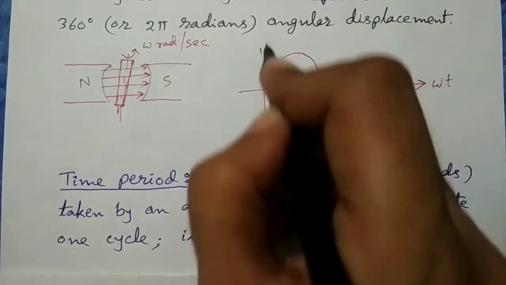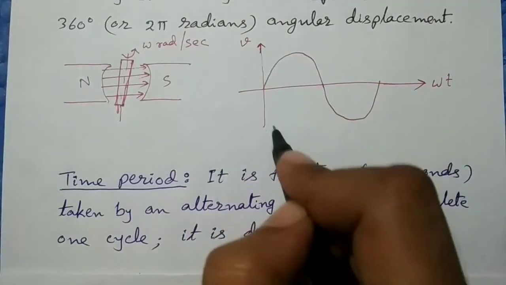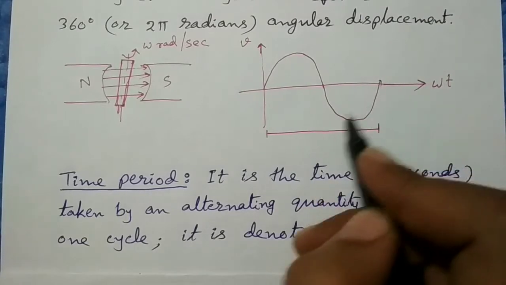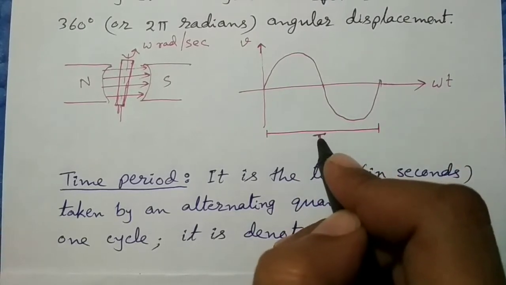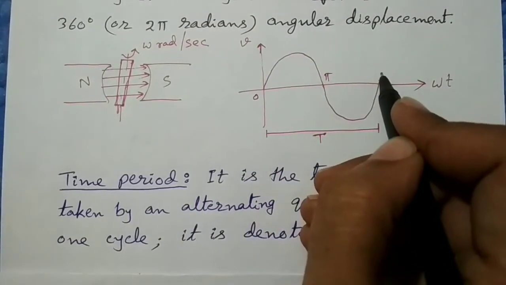Now the time taken to make one complete cycle is called the time period. So this is the time period. It is used to make one complete cycle.